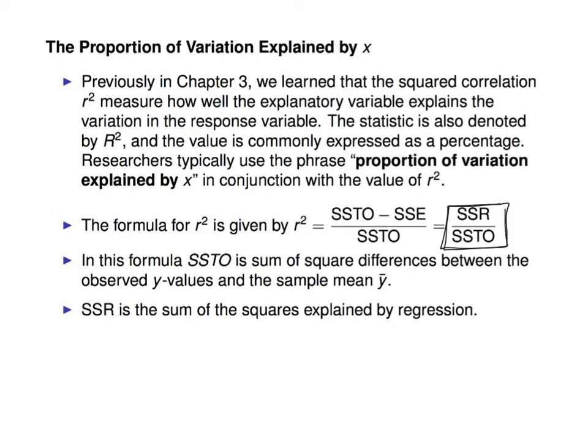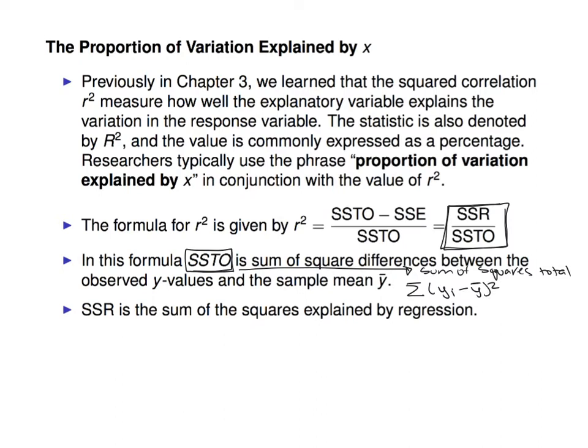So in this formula, SSTO is called the sum of square differences between the observed y values and the sample mean. What this stands for is sum of squares total. And it's found by doing the sum of your observations minus your mean and squaring.